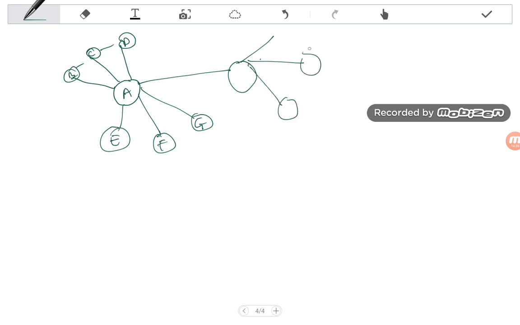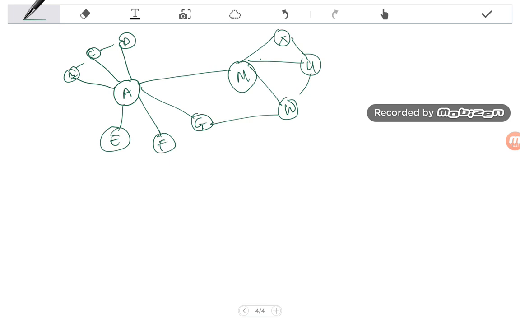Okay. Then we could also have another one connected to this. All right, so we call this M, X, U, W.